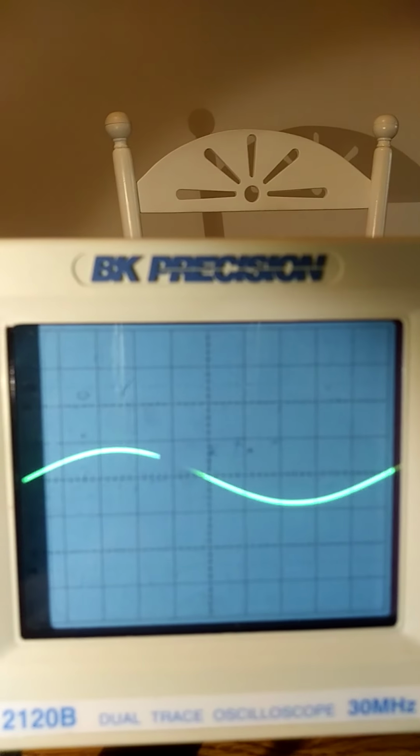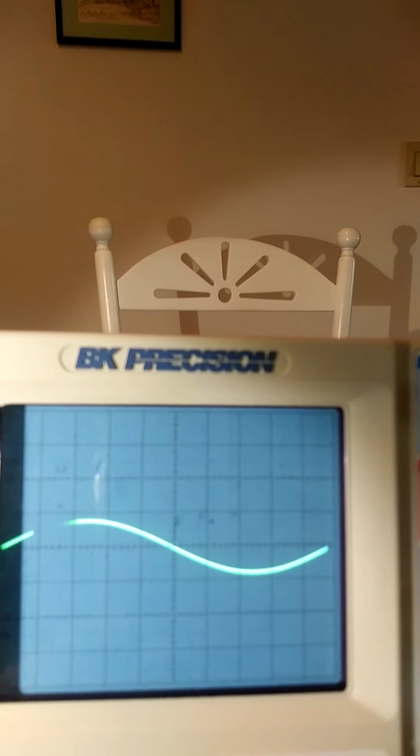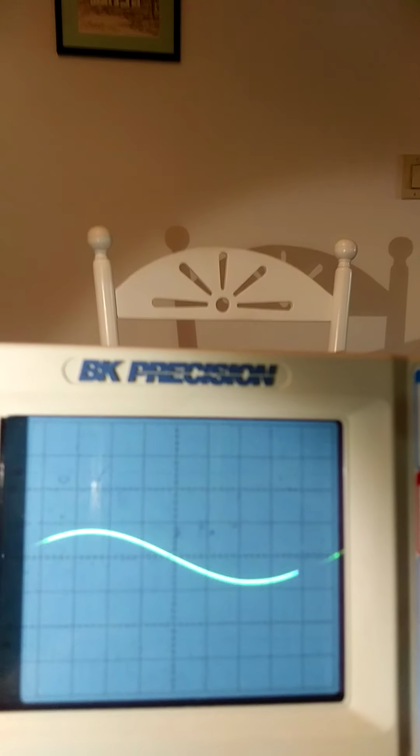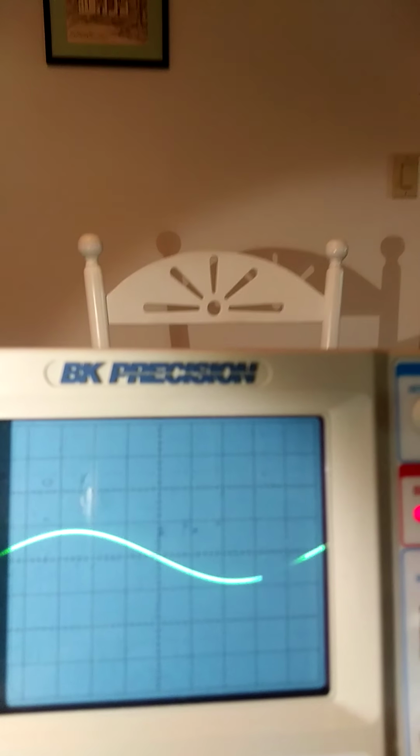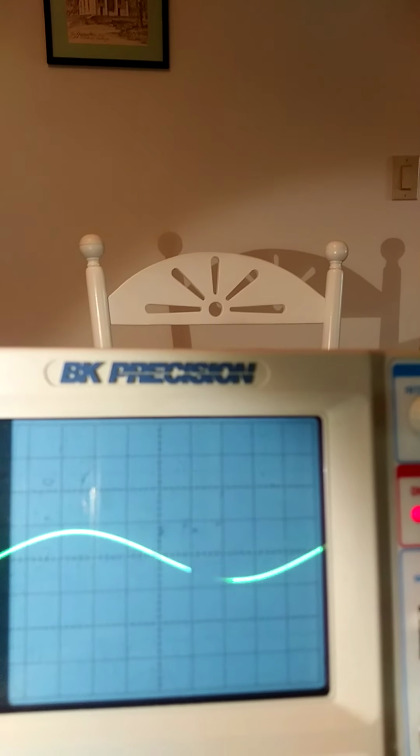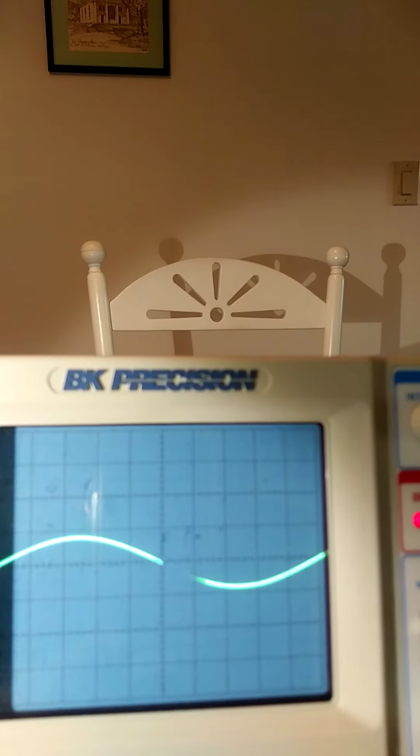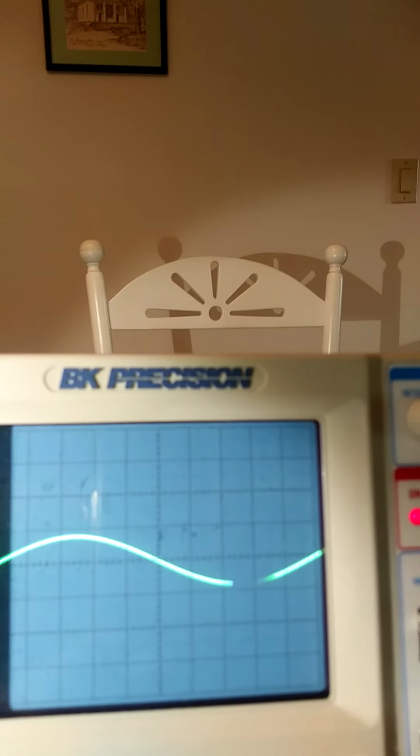I'll write that down on my data sheet. You can do the calculation. The time per division is 2 milliseconds, and the number of squares is 10. If there are 10 divisions at 2 milliseconds each, the period has to be 20 milliseconds.